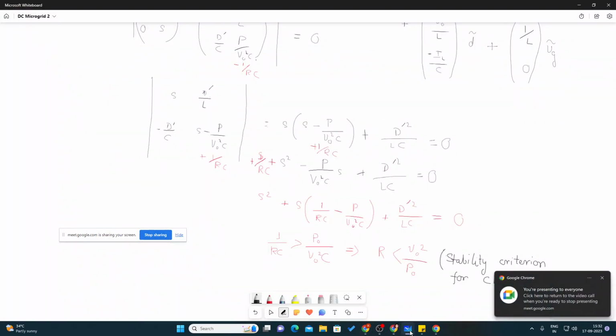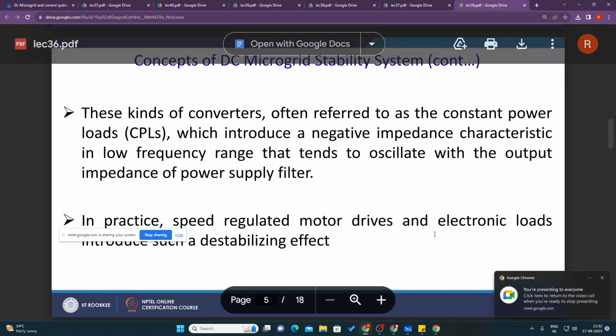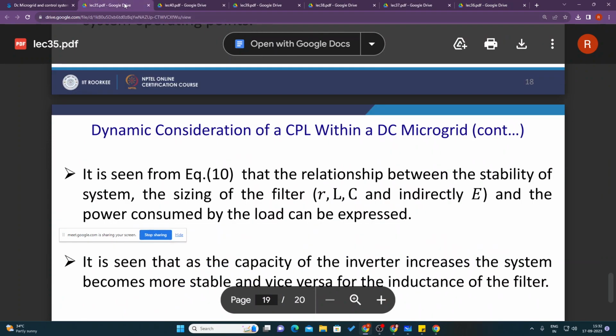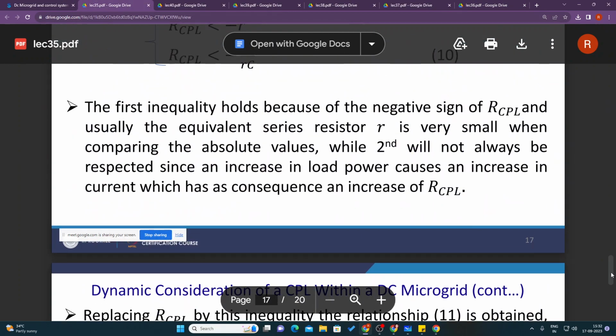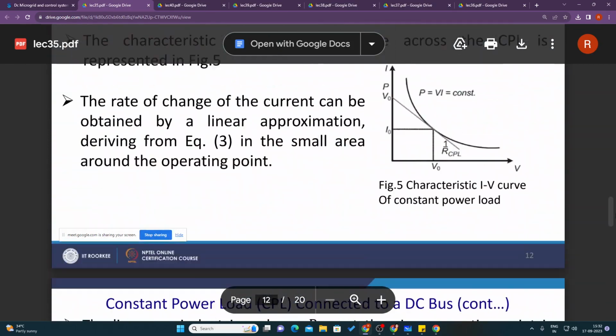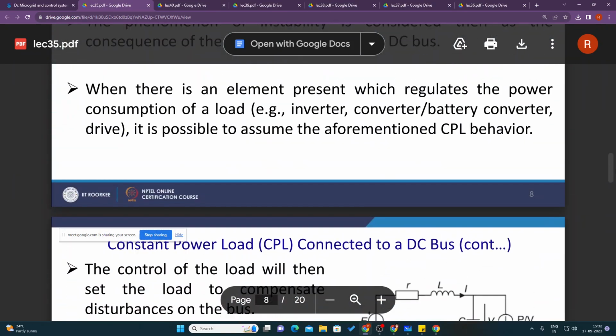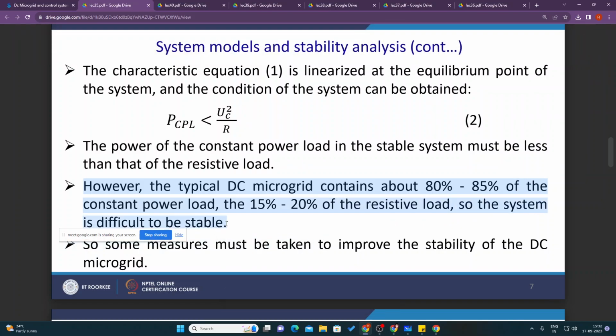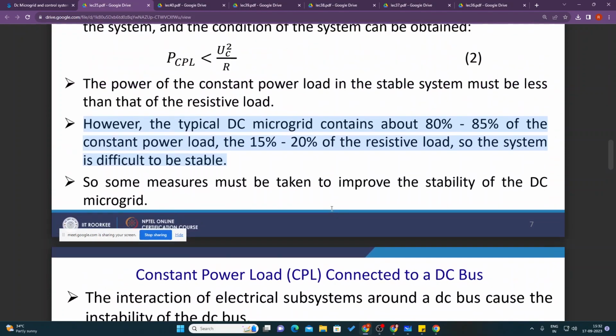In the lectures itself it is given that around 80% are constant power loads, and 15% are the resistive load, in the 35th lecture, I think.